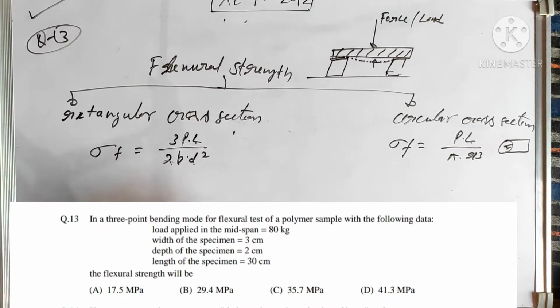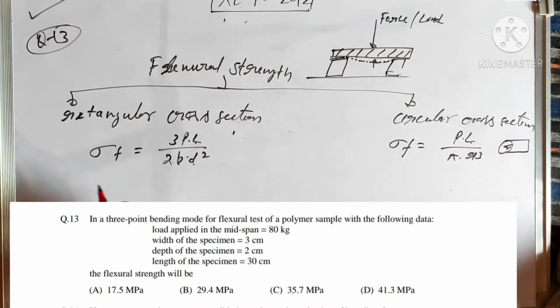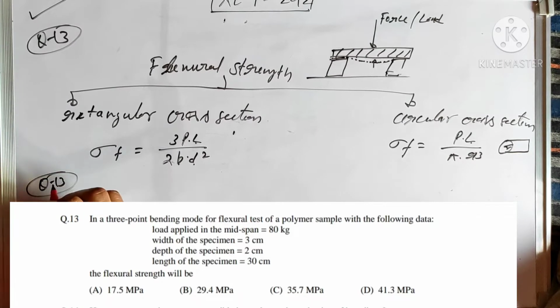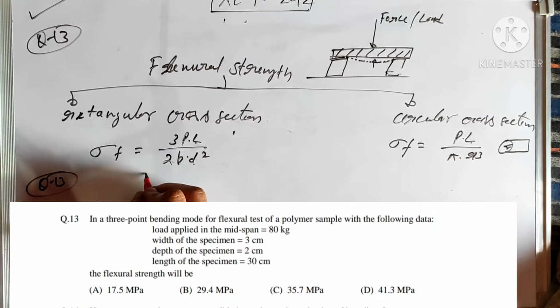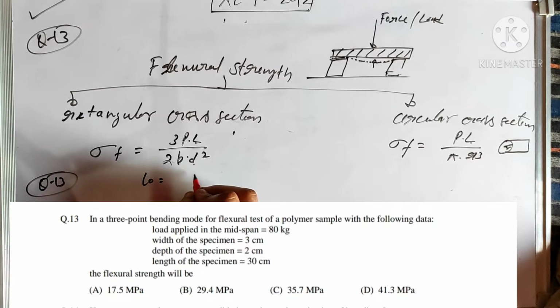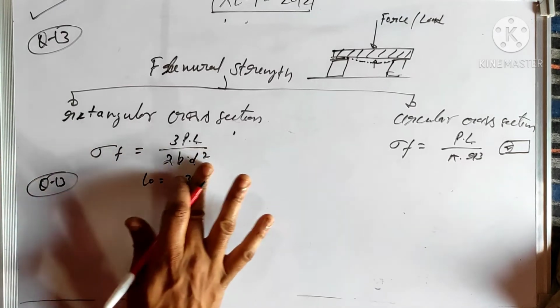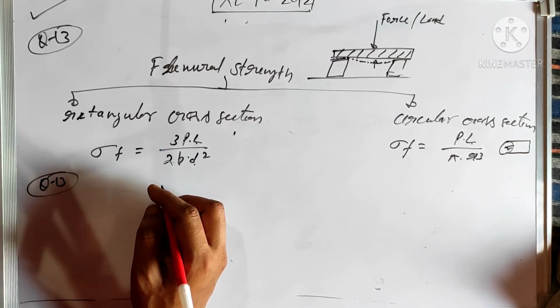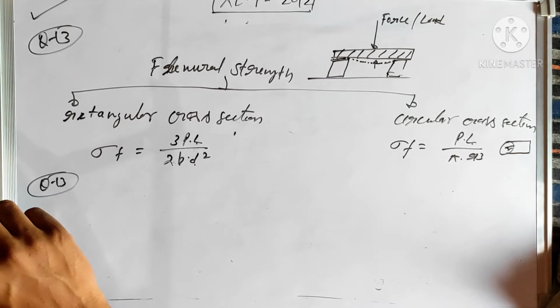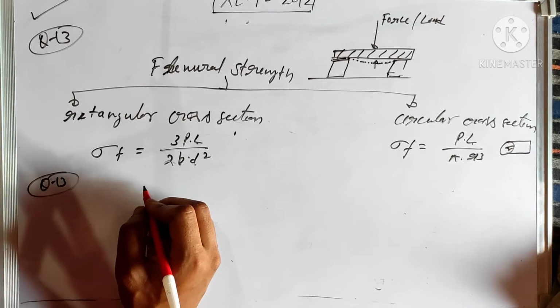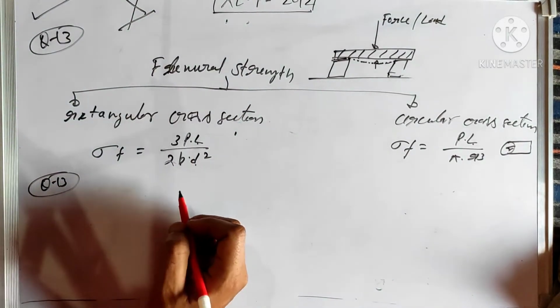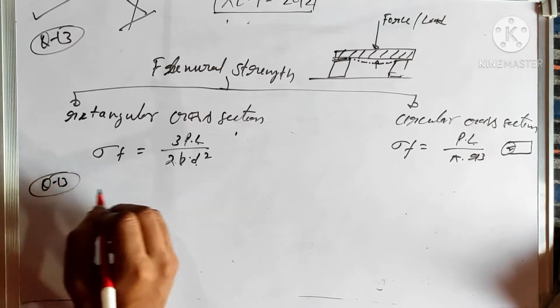Then in question number 13, given that the rectangular bar has specimen length L0 equal to 30 cm.